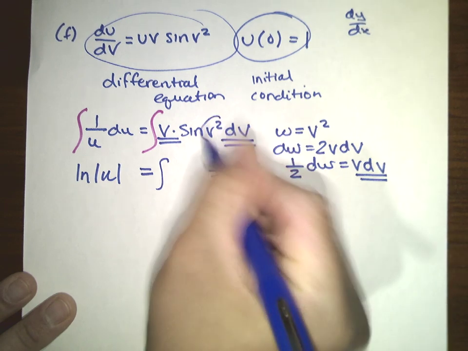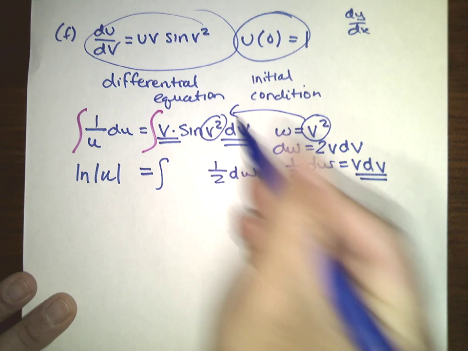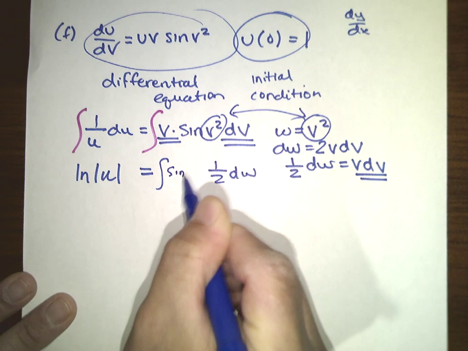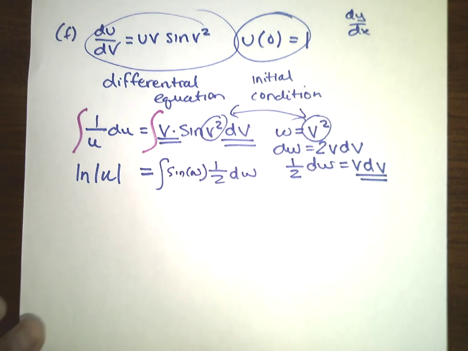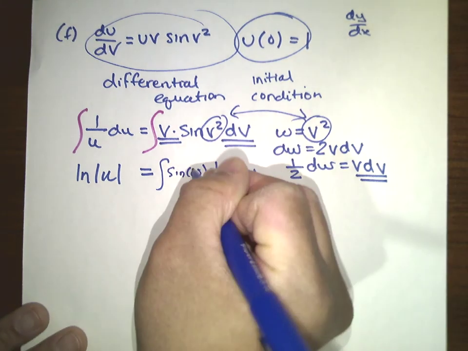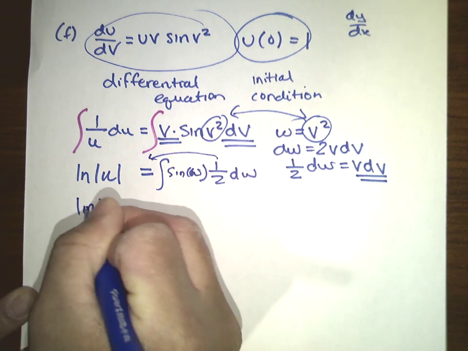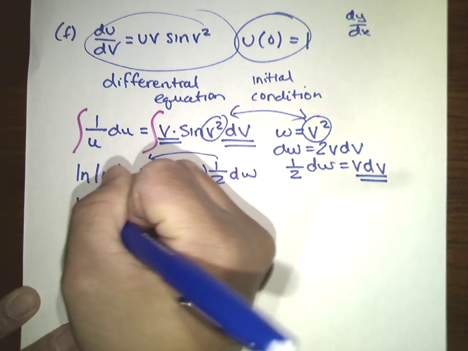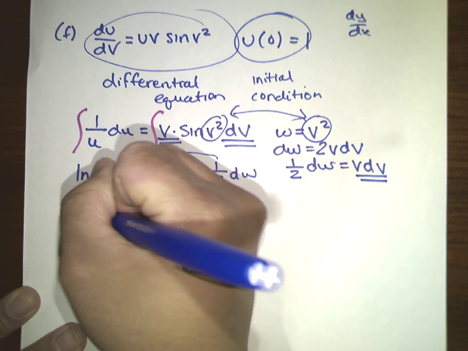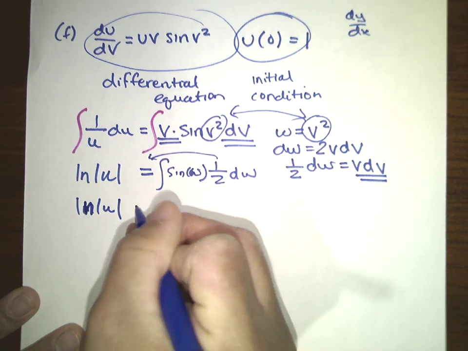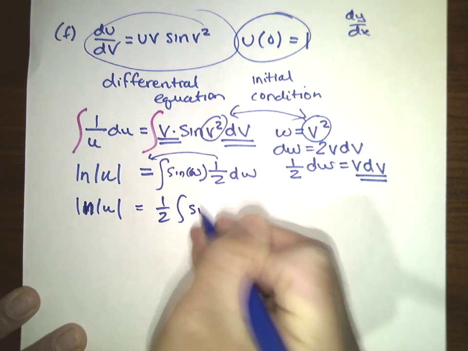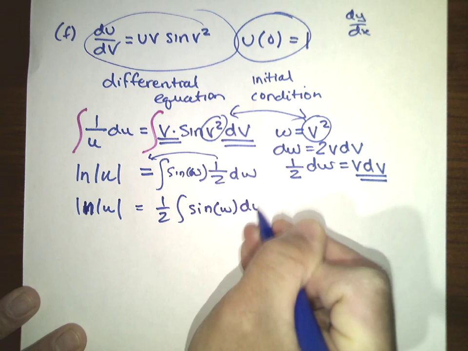And then since v squared was w, we have sine of w. And then I'll bring the 1/2 out in front. So I have natural log of the absolute value of u is 1/2 integral of sine of w dw.